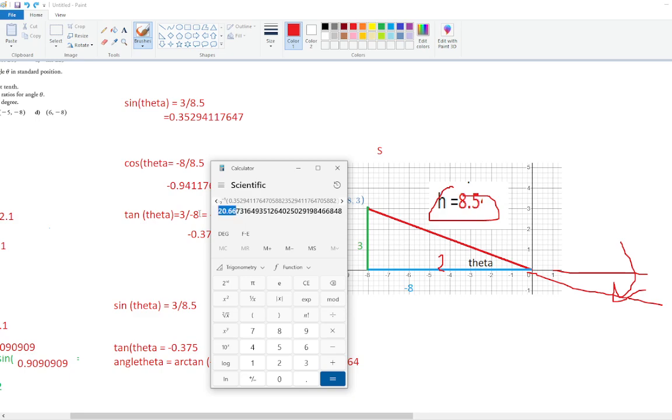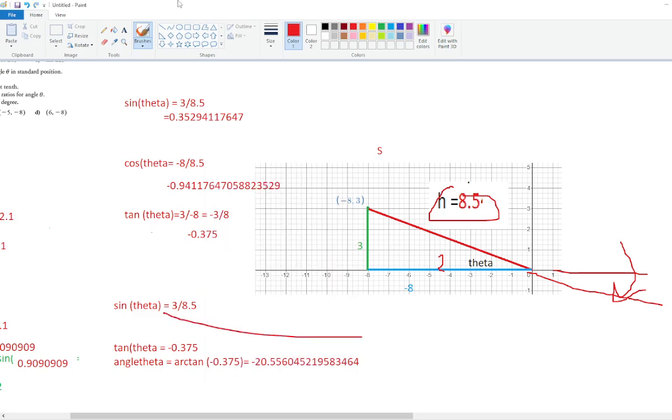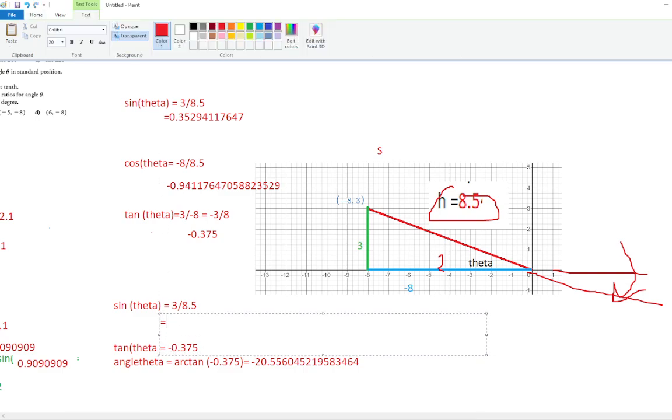And we get 20.66, so we get the positive version here. Probably smarter to use whatever thing is positive. So that means that thing is this, but they want it to the nearest degree. This is a 5 and above, so it's 21 degrees.